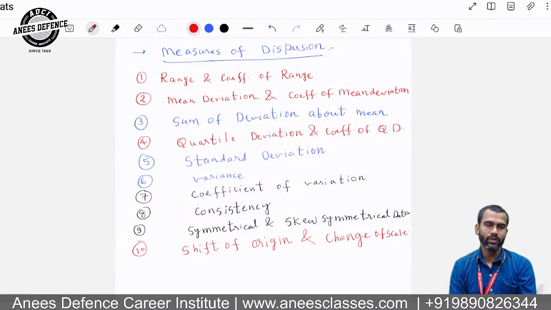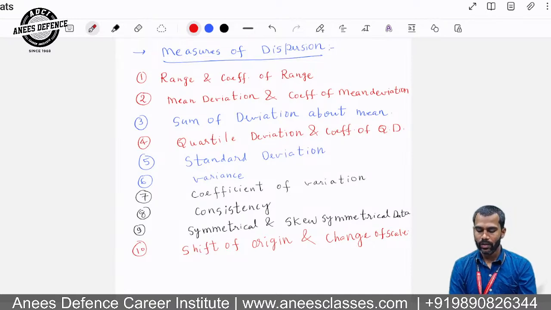Yes or no? So mostly in all these points, we will be subtracting something from all the observations, or any particular measure of central tendency we can subtract from each and every observation sometimes, right?